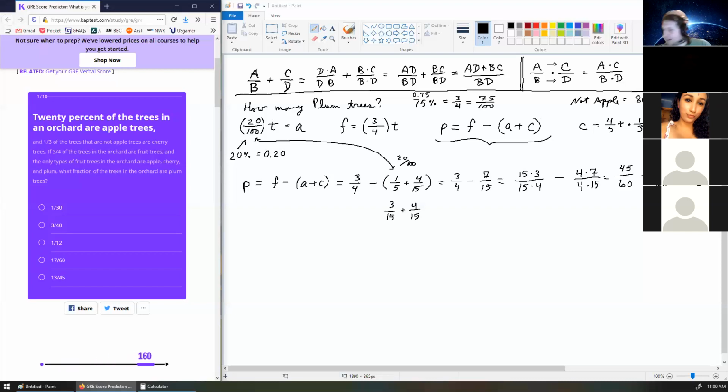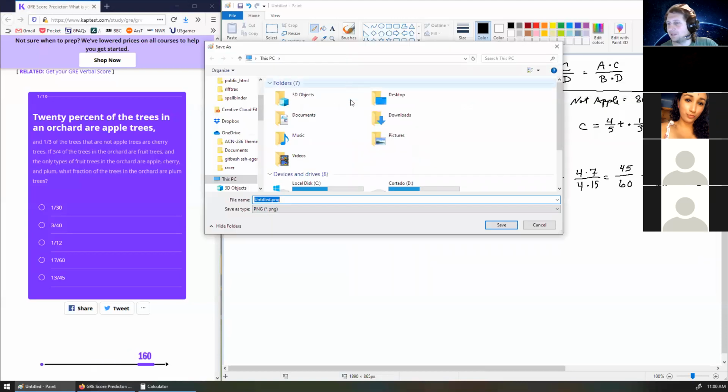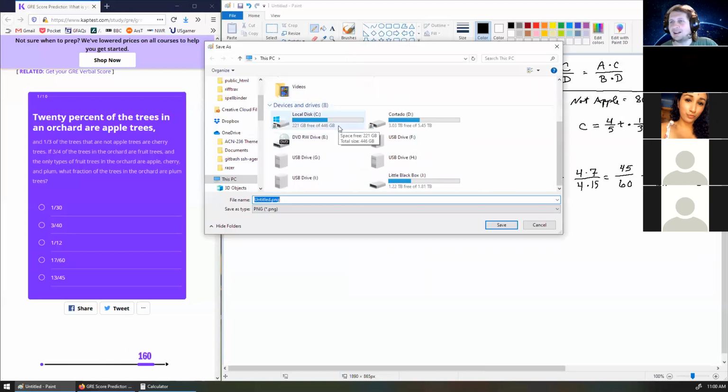Thanks. All right. I'm going to go ahead and save all these little drawings for each problem, and I'll give them to Adelaide to email to everyone later on.